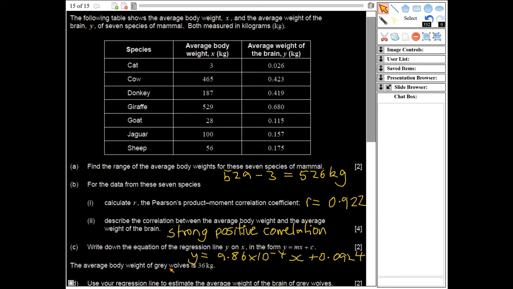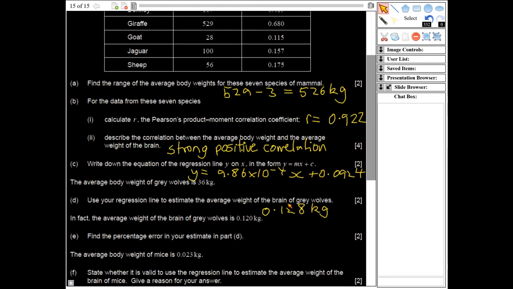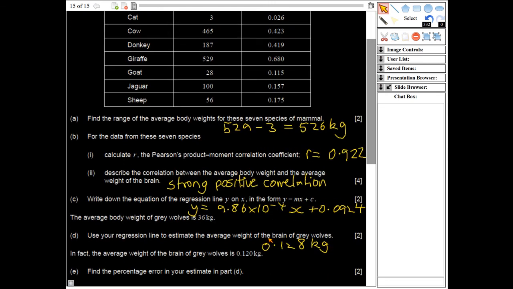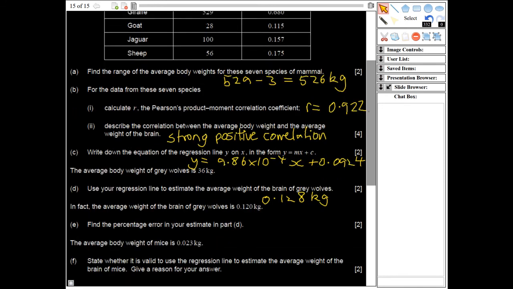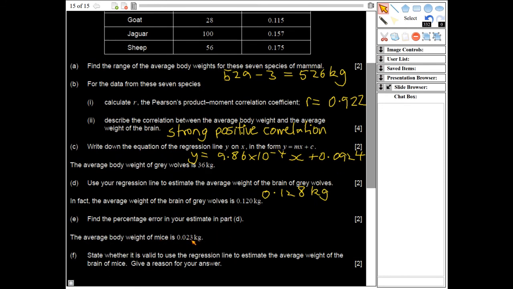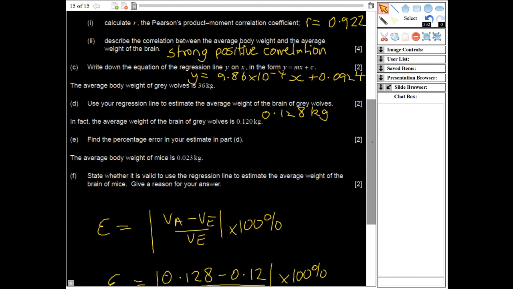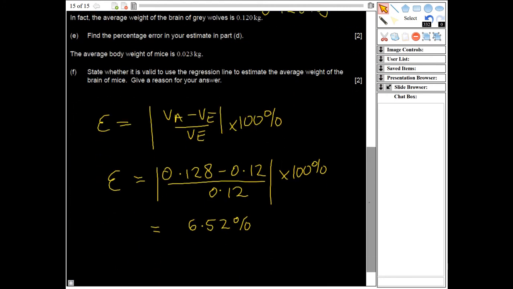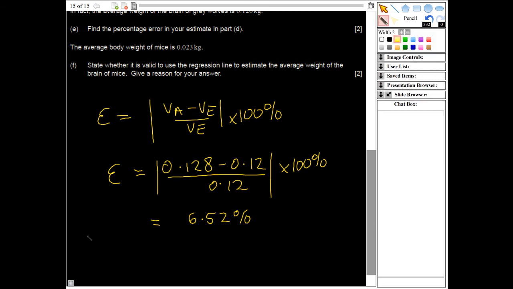So for the grey wolf of 36, it's perfectly reasonable to use the regression line to calculate what you think the weight of the brain should be. When it's outside of the data range, not between the points, that's called extrapolation. Extrapolation is quite dangerous. We don't actually know whether that's going to be true or not.